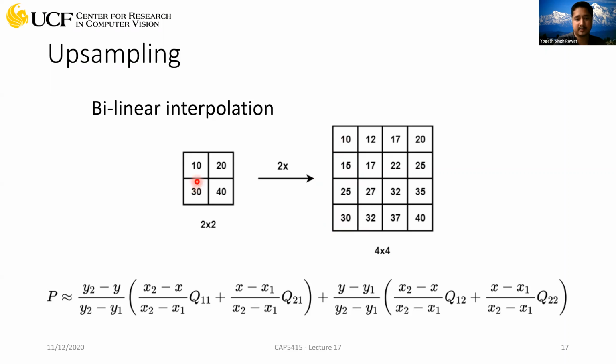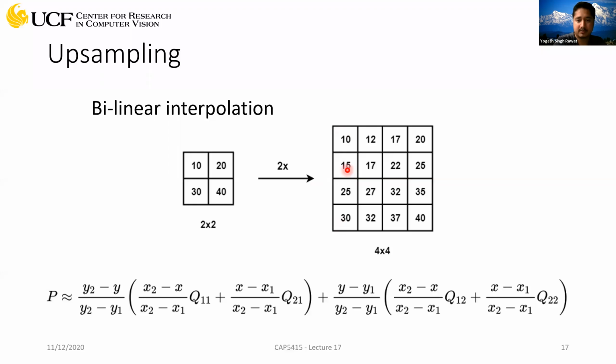In fact, we are just creating space in between these, and the next step is to fill up those values. To fill these values, we use a simple formula, and I can briefly explain what it is trying to do. Say I want to find a value for this particular location, and I already know this value and this value.